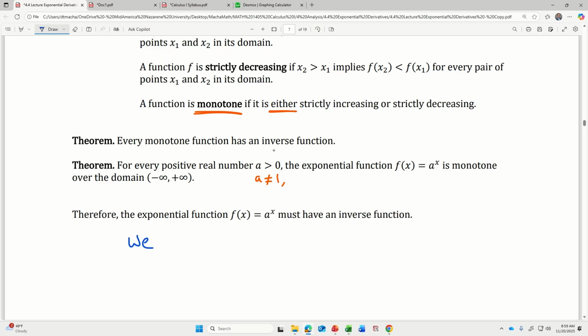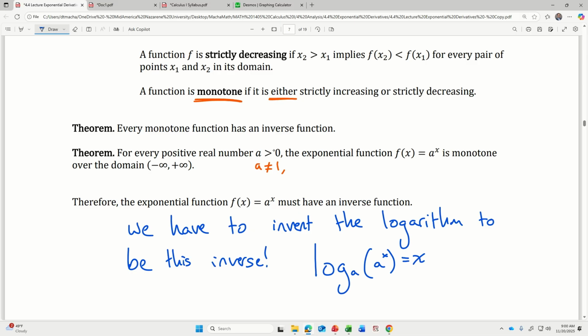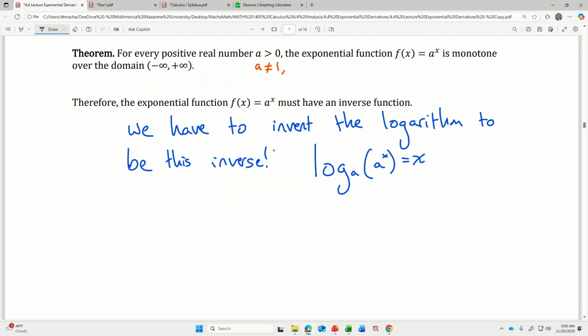And so we have to invent the logarithm to be this inverse. In other words, the logarithm base a is the inverse function of a to the x. And a to the x is the inverse function of the logarithm base a.